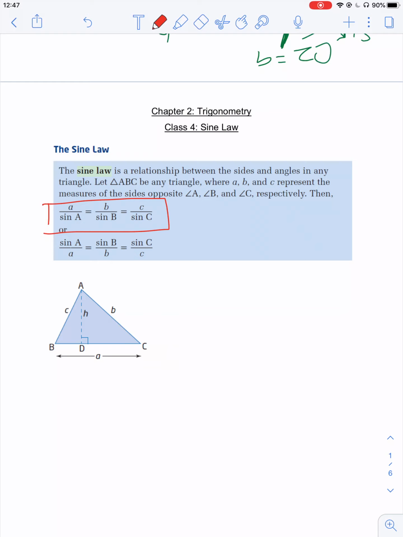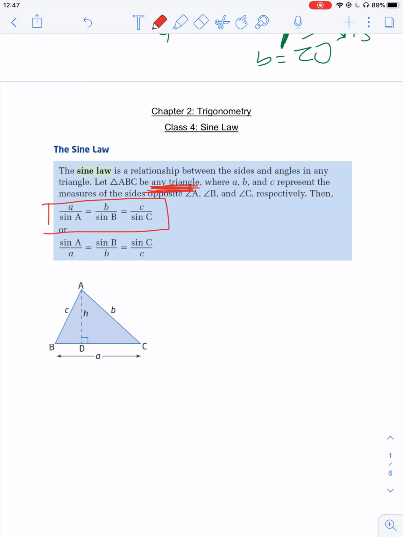Now, how does this work? With this sine law, some of you might be seeing two equal signs, so you might be a little bit intimidated. But what this tells you is that this works for any triangle. It says any triangle. This is the key piece of information. It doesn't have to be a right triangle.